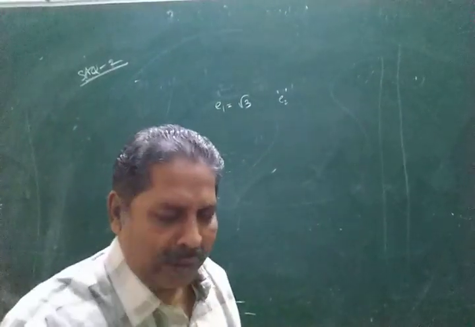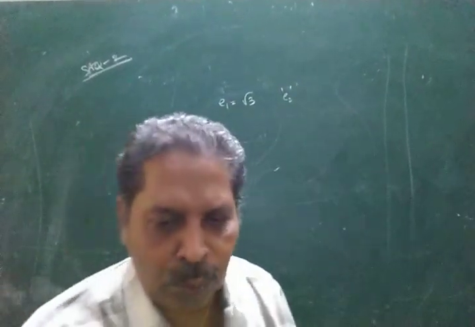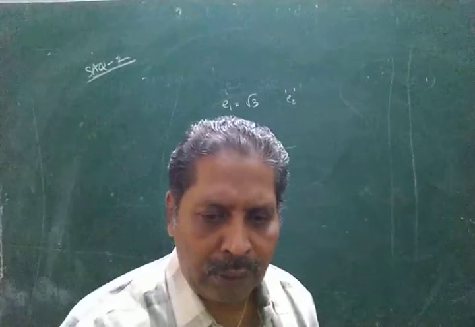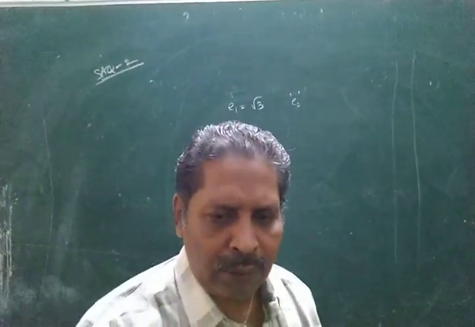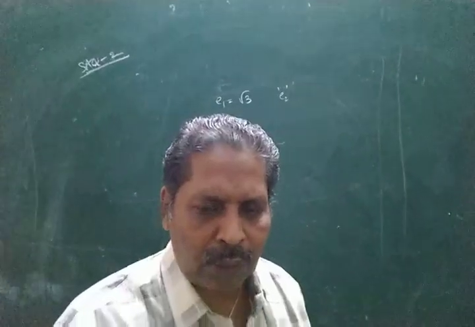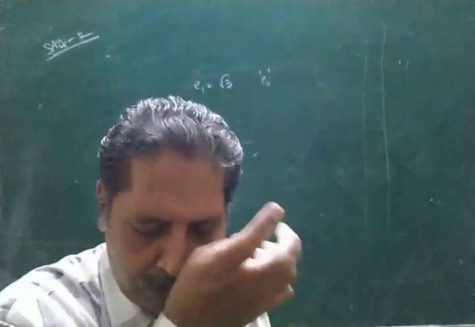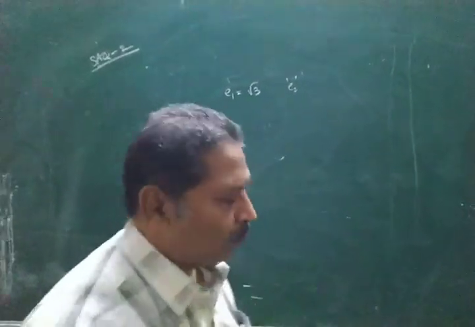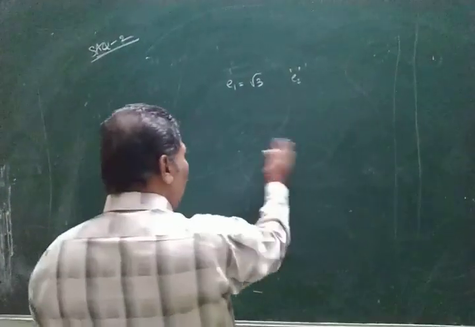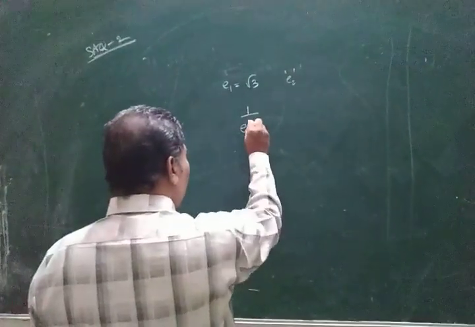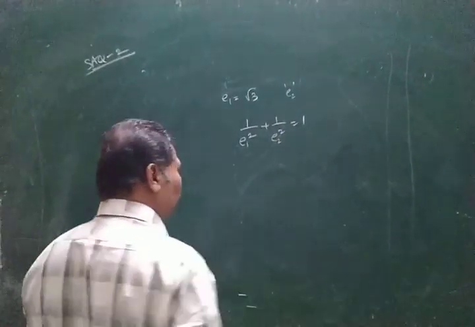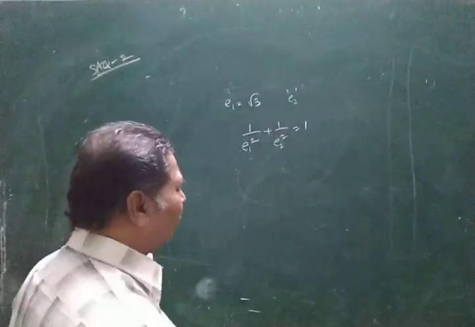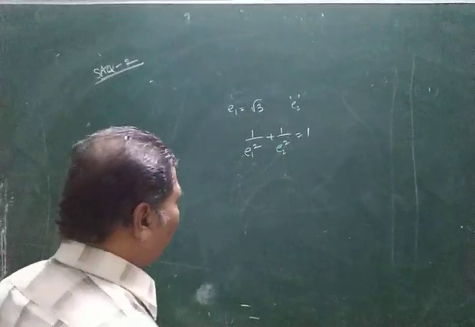So what is the relation between E1 and E2? 1 by E1 square plus 1 by E2 square equal to 1. Note down. We know that 1 by E1 square plus 1 by E2 square equal to 1.